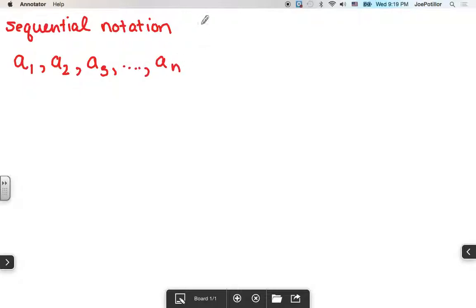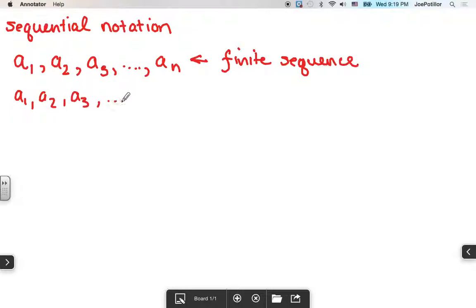And this is, of course, for a finite sequence. And we have the same, but it continues on for an infinite sequence.